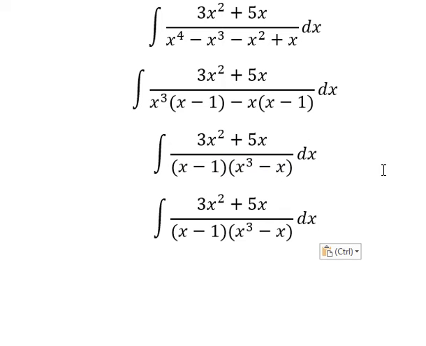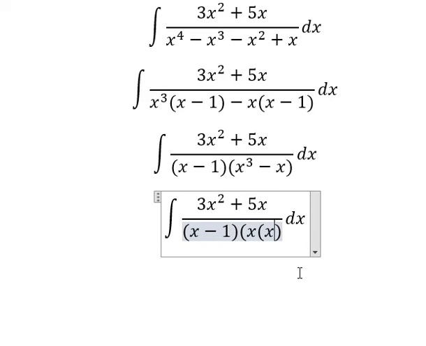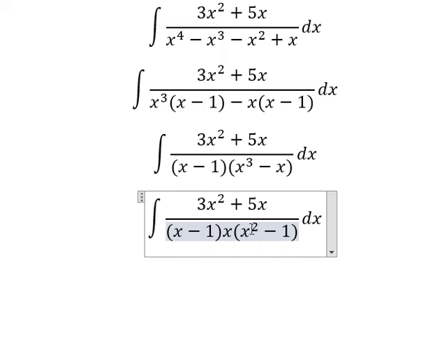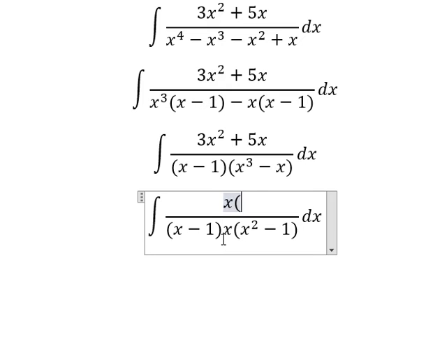Next, we have s to the power of 3 and we have s. We can do another factorization in here. So this one, we can do another factorization by s.